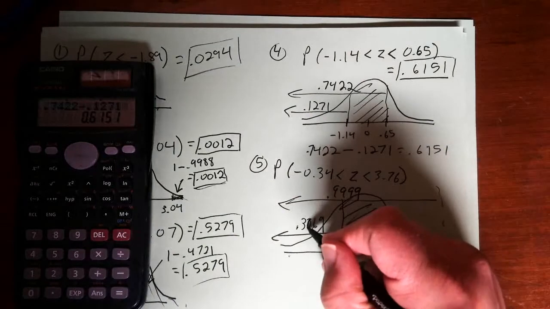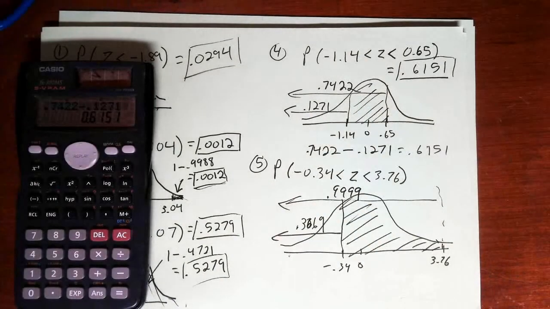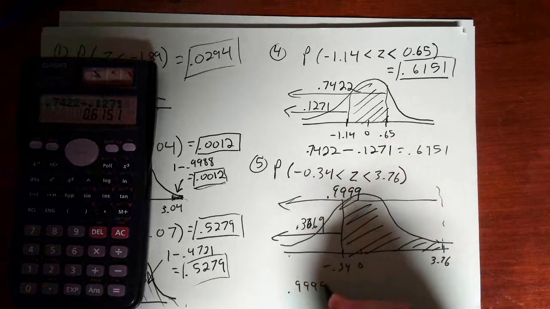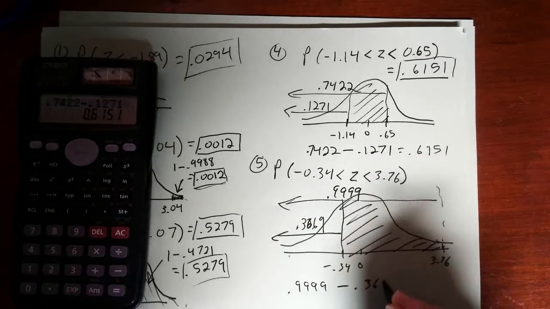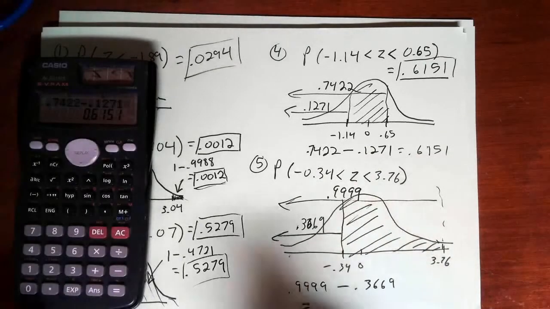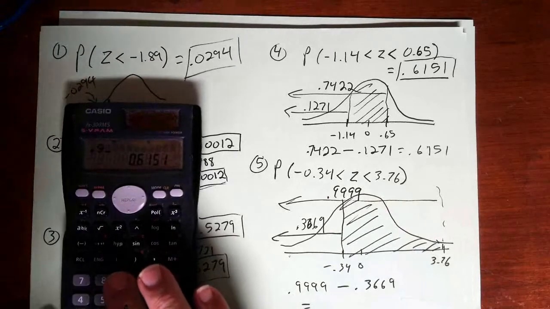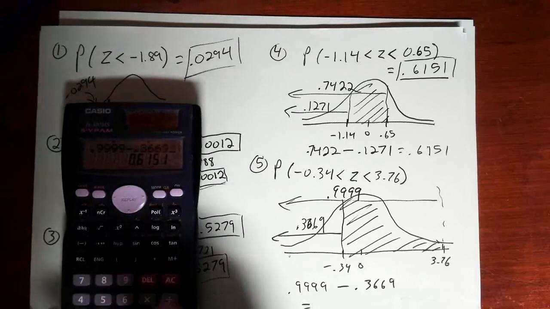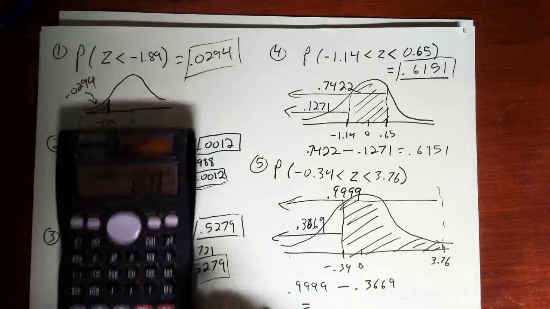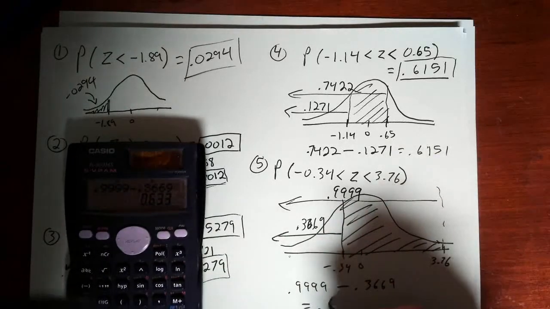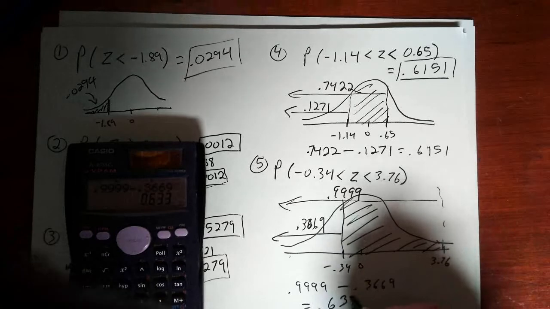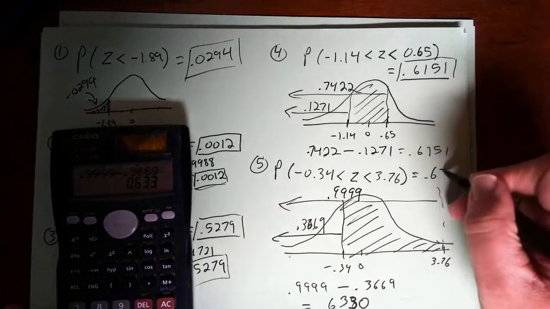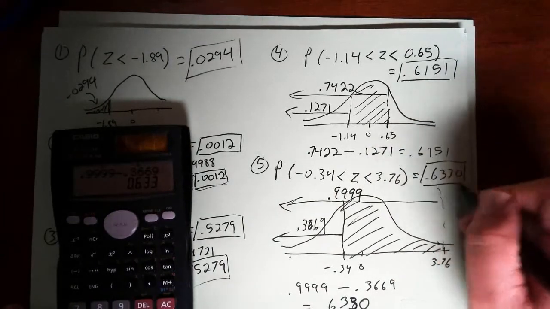Okay, 0.3669 is what it is. I thought something wasn't quite right. Okay. So now I just take the 0.9999 and I subtract 0.3669. And I get 0.9999 minus 0.3669. And I get 0.6330 if you had it to 4 decimal places.